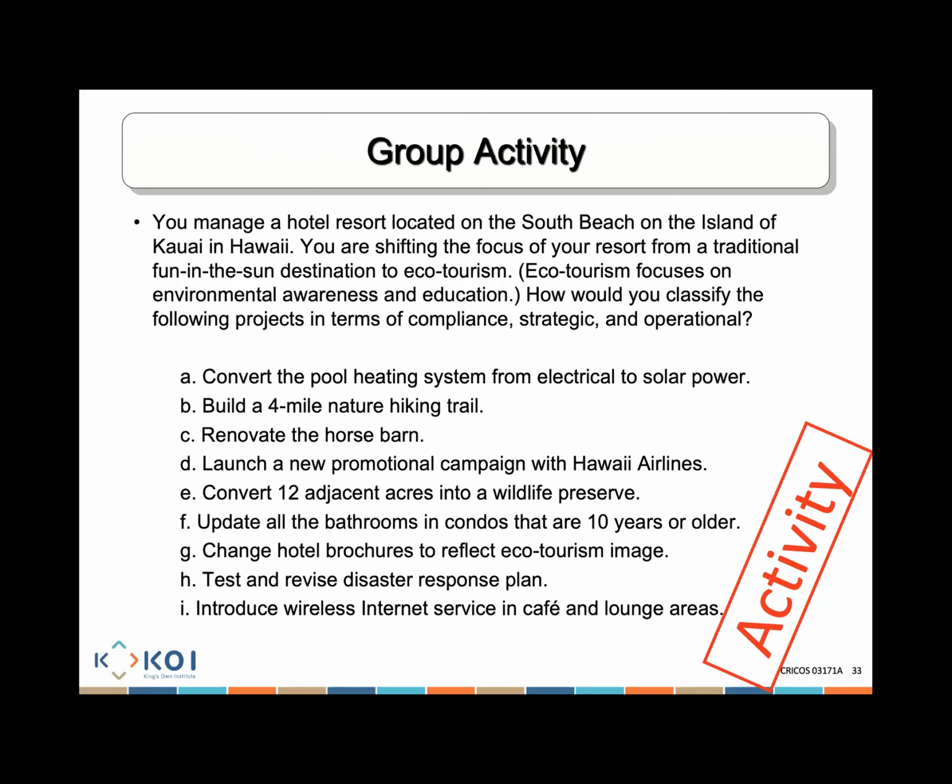I want you to think about A, B, and C. So you manage a hotel located on South Beach on the island of Hawaii. You are shifting the focus of your resort from a traditional fun in the sun destination to ecotourism, which is more focused on environmental awareness and education. How would you classify the following projects in terms of compliance, strategic, and operational?